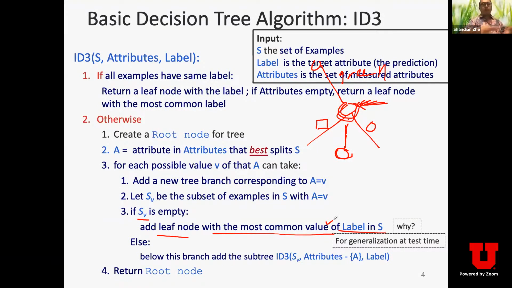But here, let's assume we only have the data set in our hand. From this limited set of examples, you're going to pick the most reliable prediction. That's why we choose the most common. But again, if you have additional knowledge, of course, you can change the rule. Other questions?